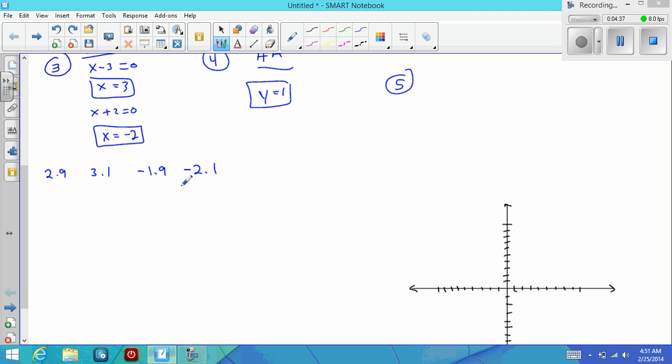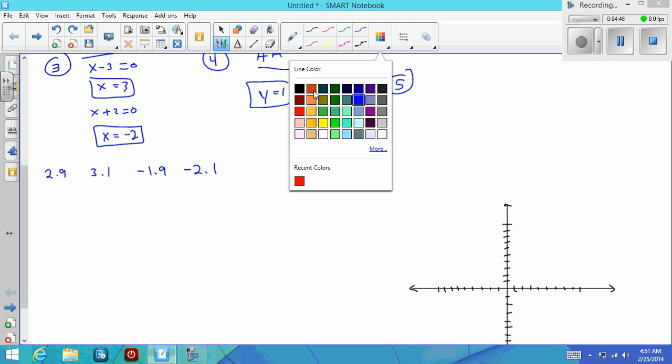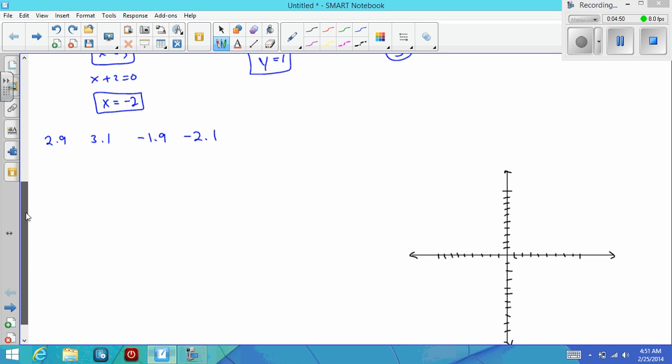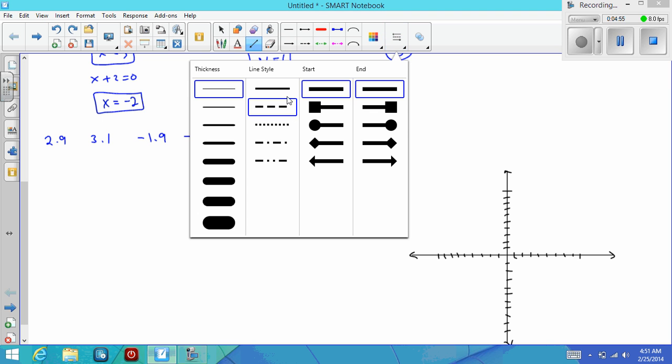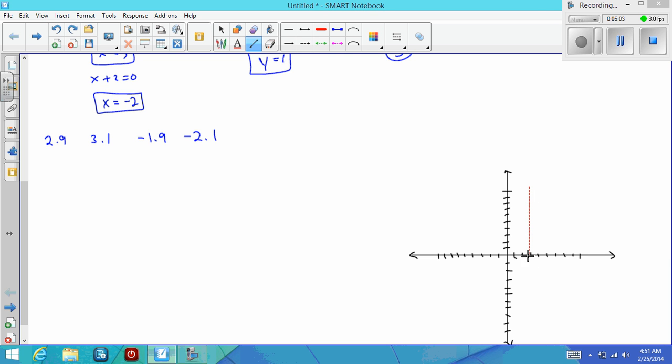I am going to start with negative 2.1 and go from left to right. And since I'm thinking about it, I'm going to go ahead and put my asymptotes in here. So we had x equals 3, so there's one asymptote, and x equals -2.